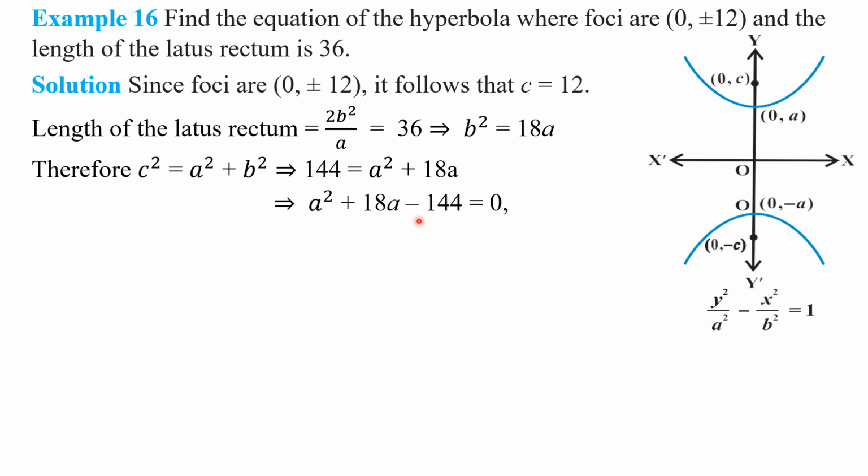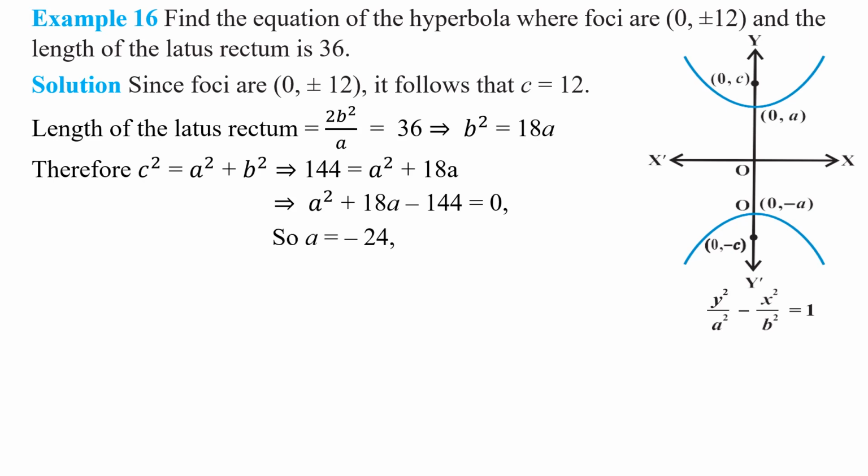Do you know how to solve a quadratic equation in one variable? Yes, in the previous chapters, complex numbers and quadratic equations, you have learned. Yes or no, my children? Right. By using the previous knowledge, let us find the roots of this quadratic equation. Let us find the values of a.